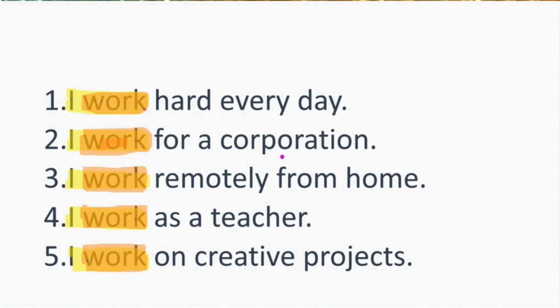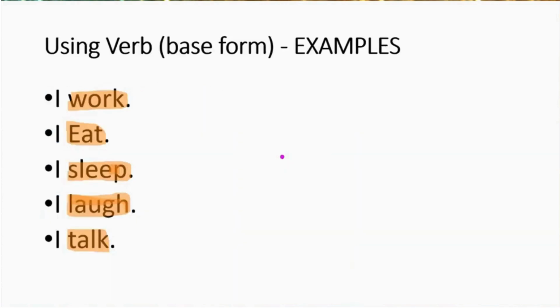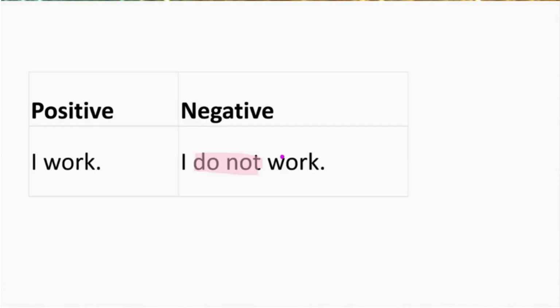You can use any verb in base form to form a present simple sentence, such as I work, I eat, I sleep, I laugh, I talk. These were the positive sentences.